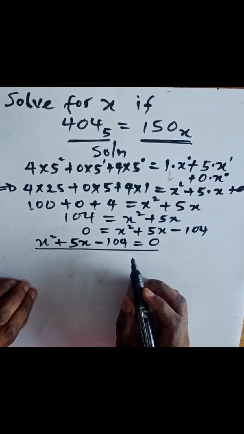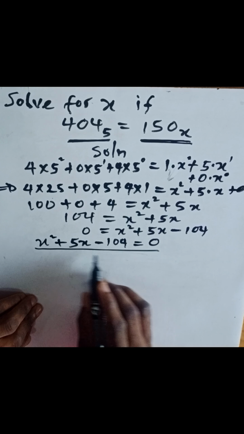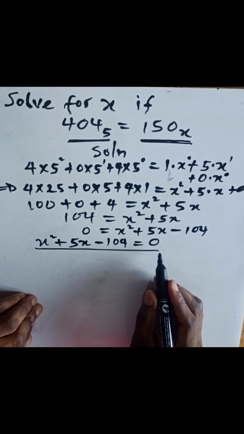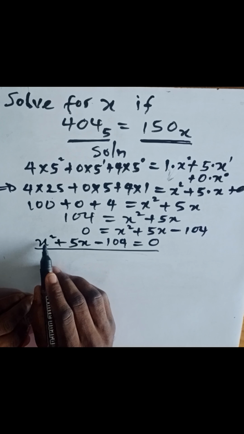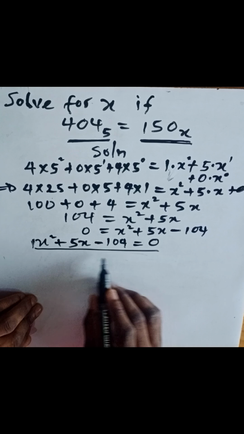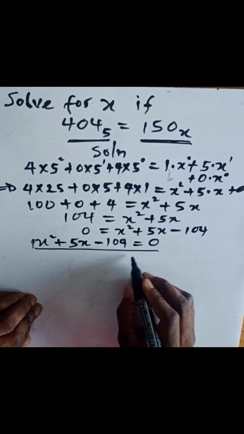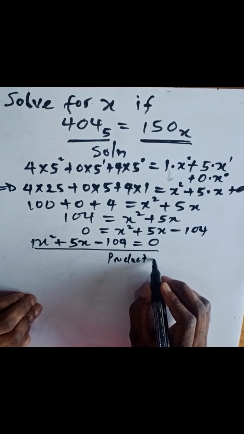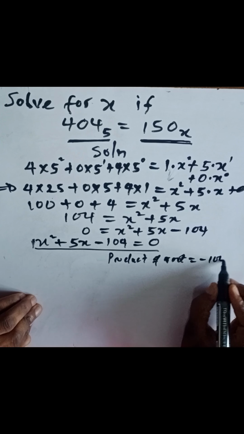Now let's check whether we can easily solve it using the factorization method. To factorize the left hand side before equating to 0, the coefficient of our quadratic term is 1, so 1 multiplied by minus 104 gives us our product of roots, which is minus 104.